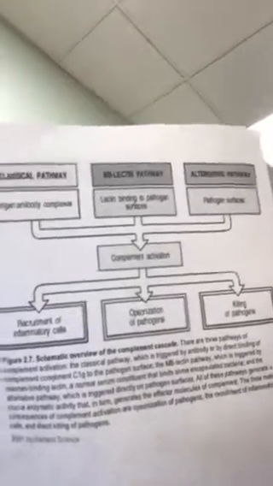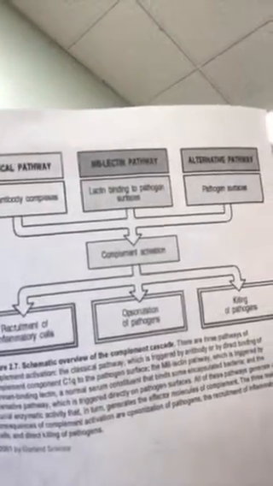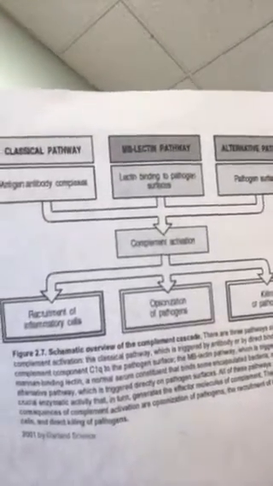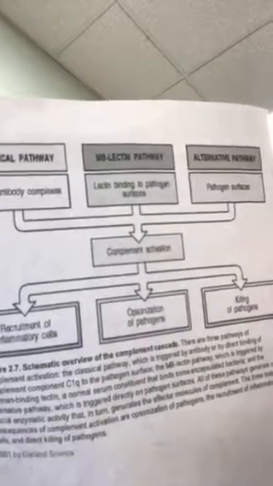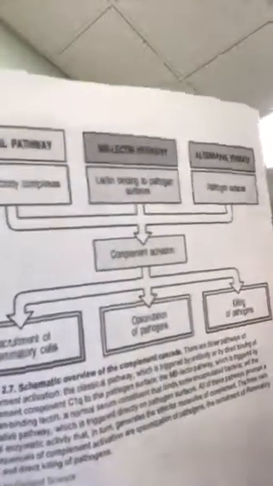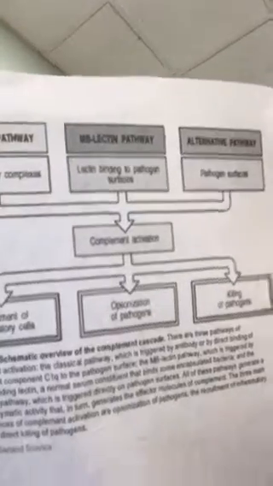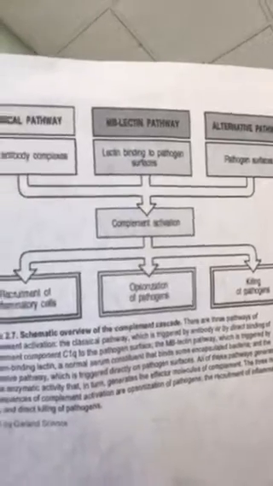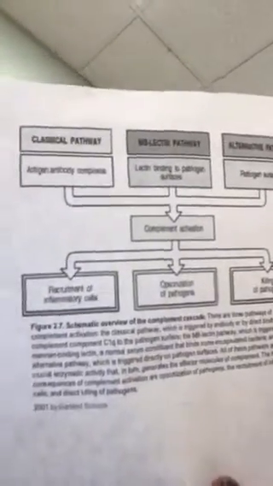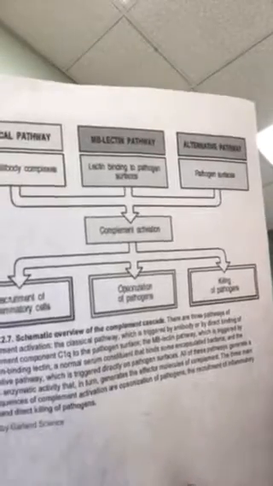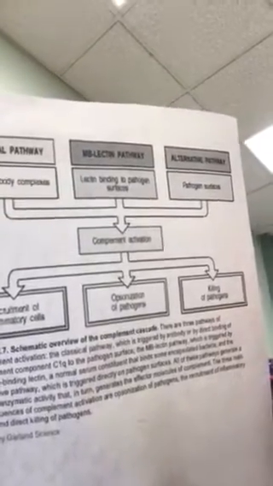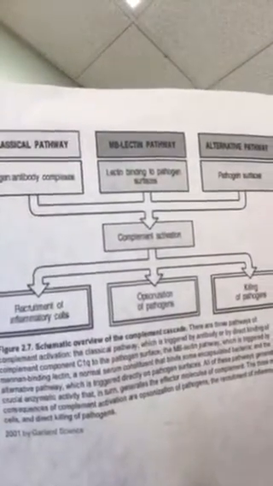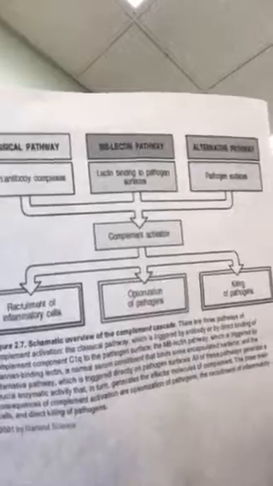Lectin binds to pathogen surfaces, which I just stated, and then the alternative pathway binds to pathogen surfaces. Then that comes down to create the complement activation. This is where the C3 convertase takes place, and I'll explain that in just a minute in a different picture. And then you have recruitment of inflammatory cells, as a product of that, opsonization of pathogens and killing of pathogens.